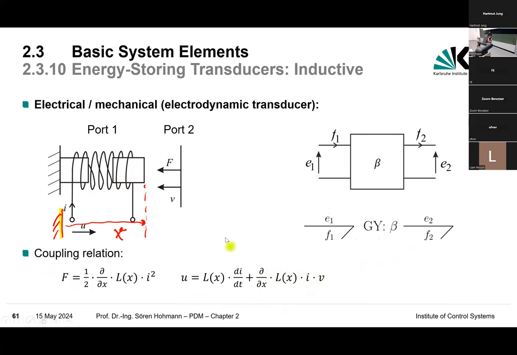Unfortunately, in terms of pictograms, there is no norm either on the equivalent circuit side, you see something like this, nor on the bond graph side, due to the fact that we have some sort of coupling between flow and effort.